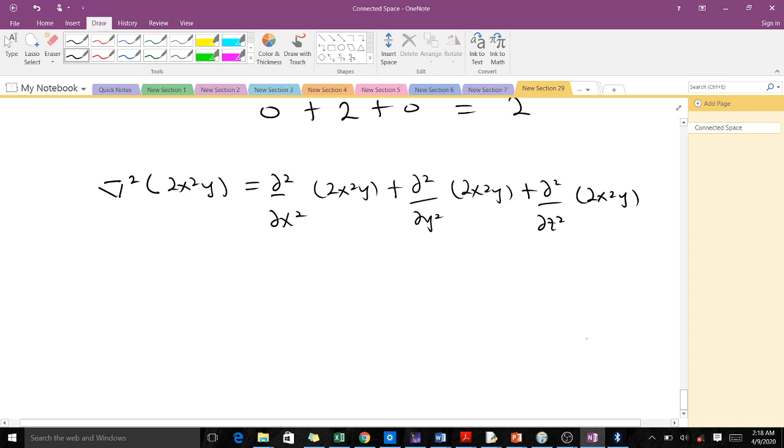When you do this particular differentiation, know that you are going to end up with 4y. This gives you 0 and this gives you 0.